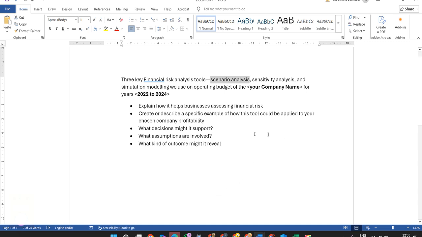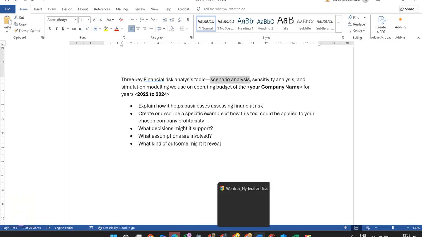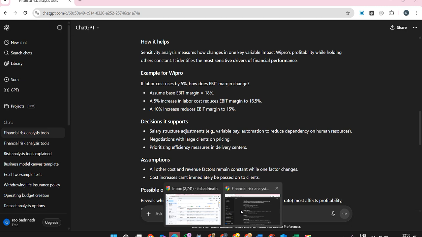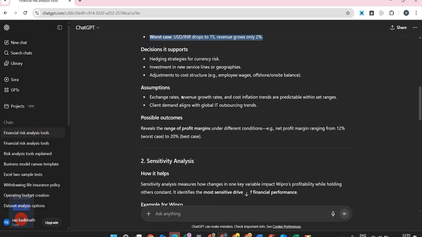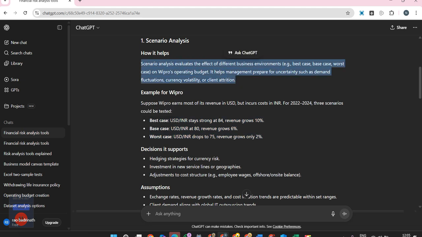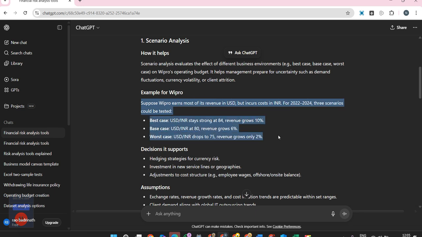When I gave this sort of input to ChatGPT, it generated some basic explanation like this. For example, for scenario analysis, it explains what scenario analysis is, then it frames some description. So you should explain it in such a way that you proposed it, you created those scenarios.